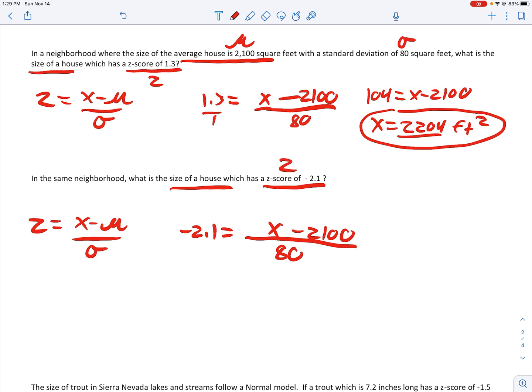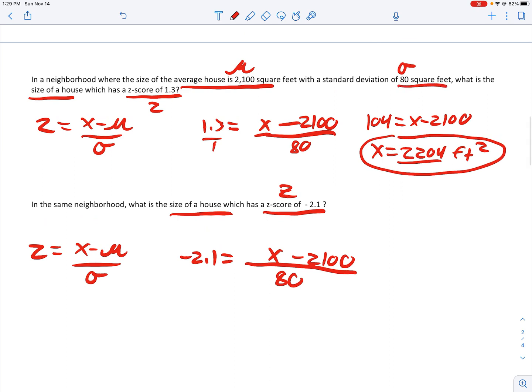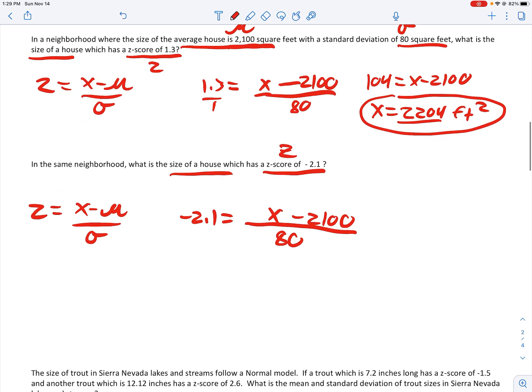Exact same problem, just a different z-score. Put this over 1, cross multiply. You get negative 168 equals x minus 2,100. Add 2,100. You should get 1,932 square feet.